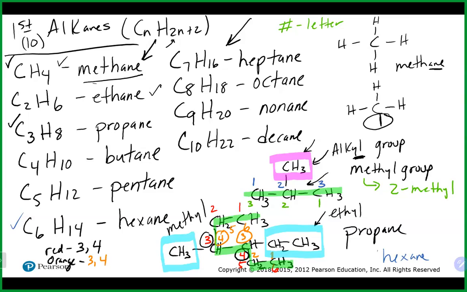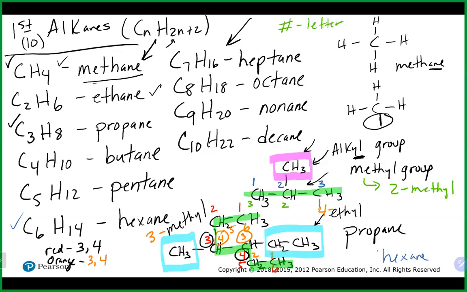So again, in this case, it would not matter which way you numbered it, but you do want to number whichever way is the smallest. So for example, in this case, this would be a 3-methyl. This guy would be a 4-ethyl, right? Perhaps. So we're going to decide if that is correct or not correct in just a second.